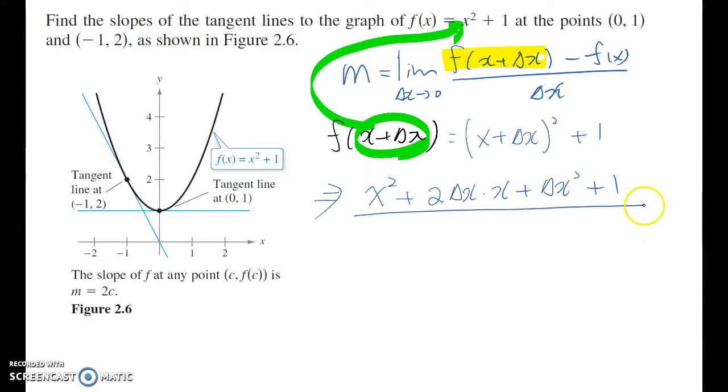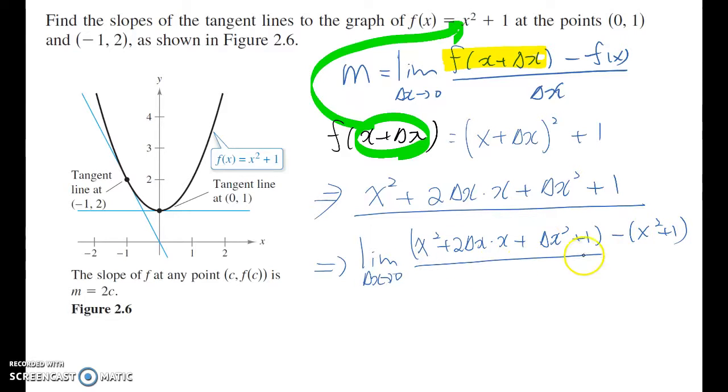So we replace this into this formula, then it's going to be the limit as delta x moves to 0 of (x squared plus 2x delta x plus delta x squared plus 1) minus (x squared plus 1) over delta x.